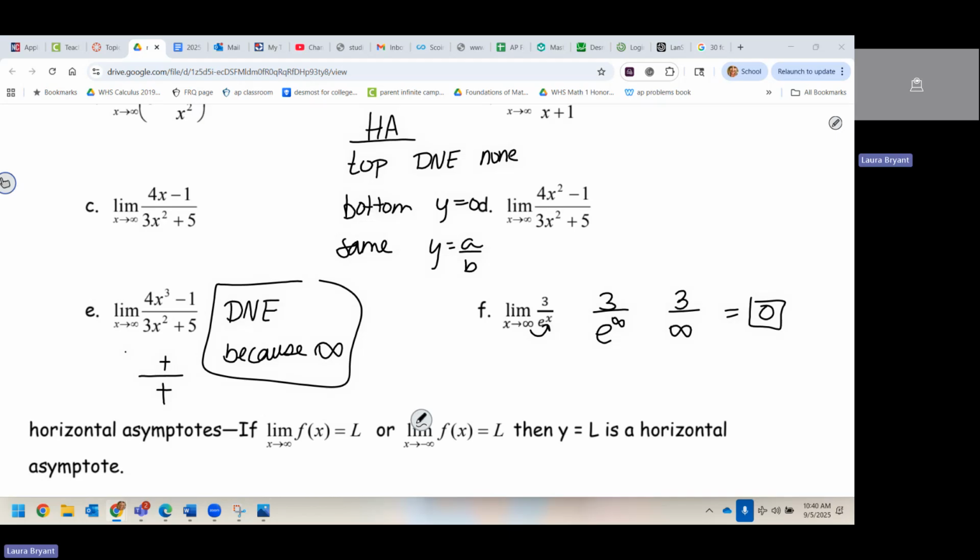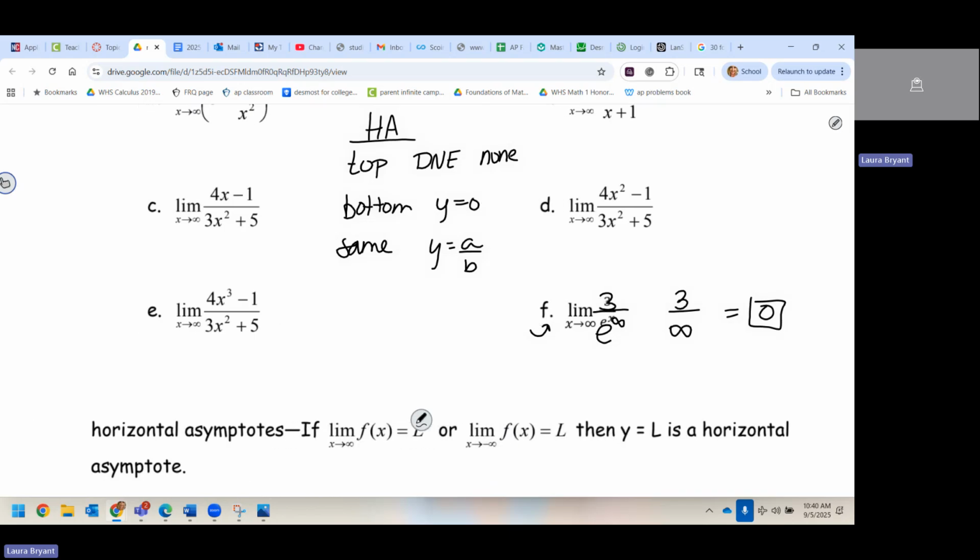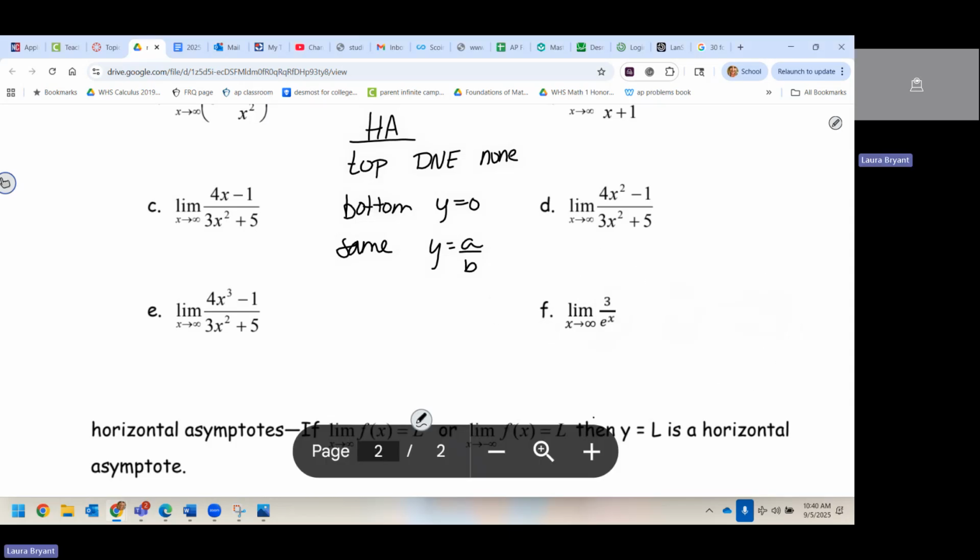And then kind of our summary here is that if you have a limit going to infinity or negative infinity, then that's your horizontal asymptote. We still have to talk about the negative infinity, which we'll do next. But something you don't have to write down, but I want you to listen to, is the way these shortcut rules were explained to you is just like, oh, just learn these, right? They came from calculus, from doing limits.